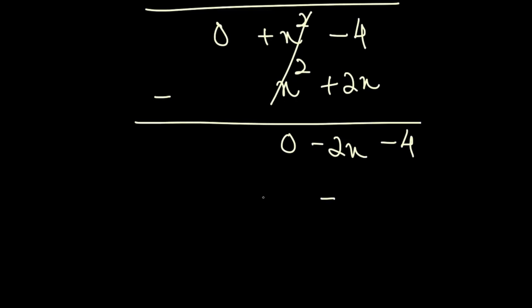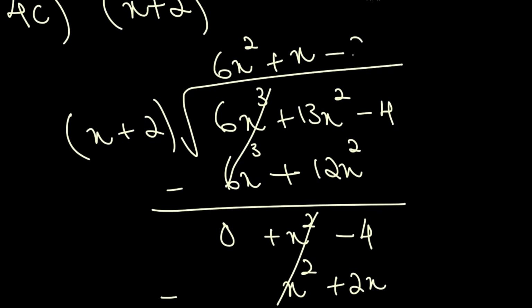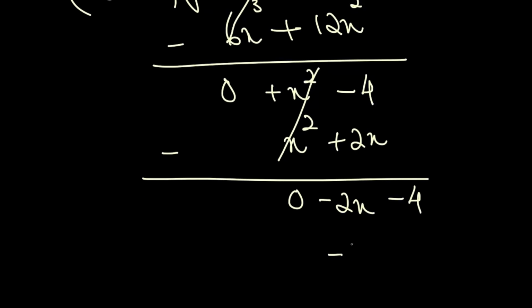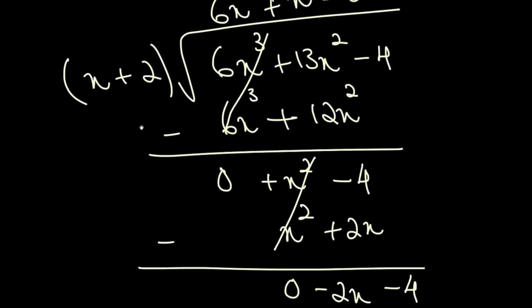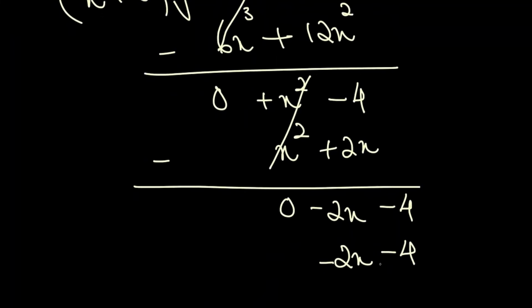x goes minus 2 times into minus 2x, so we write minus 2 up here. x goes minus 2 times into minus 2x, giving us minus 2x, and 2 goes minus 2 times to give us minus 4 over here. We simply subtract.